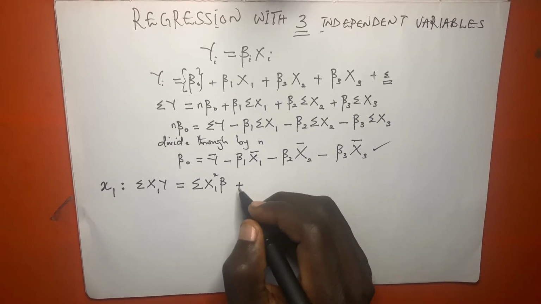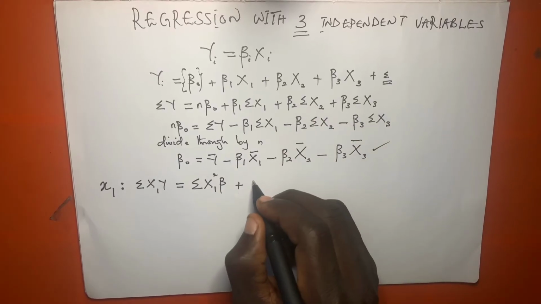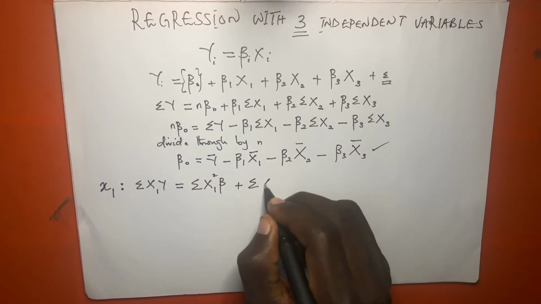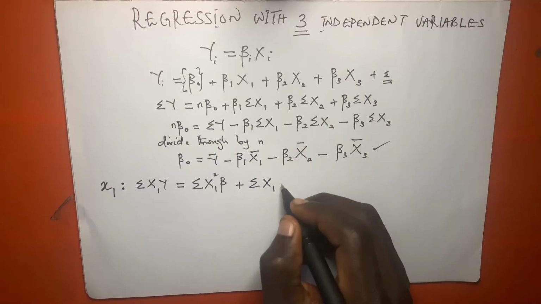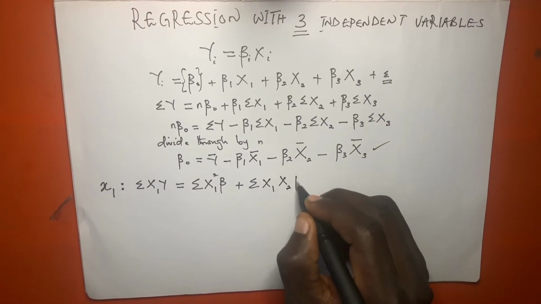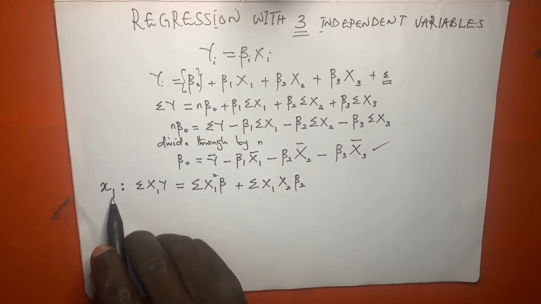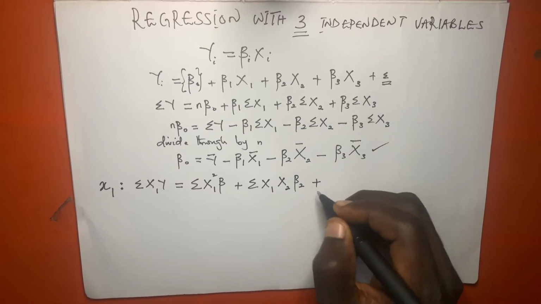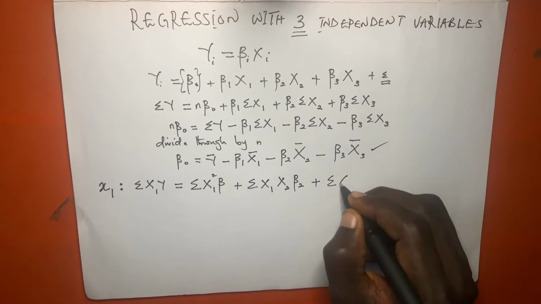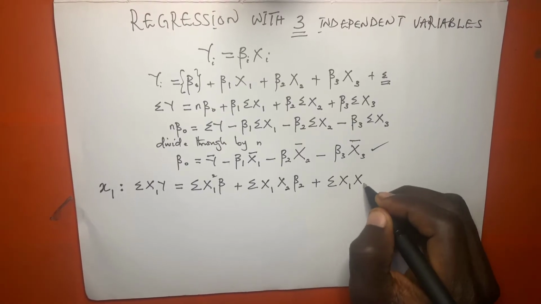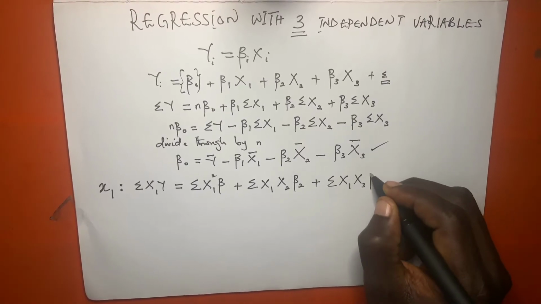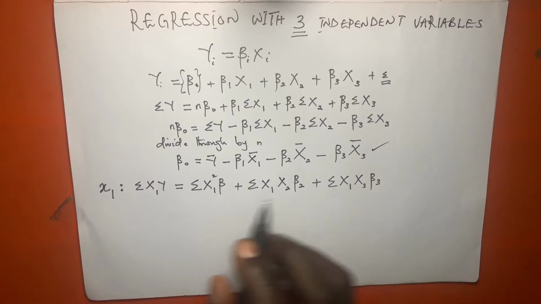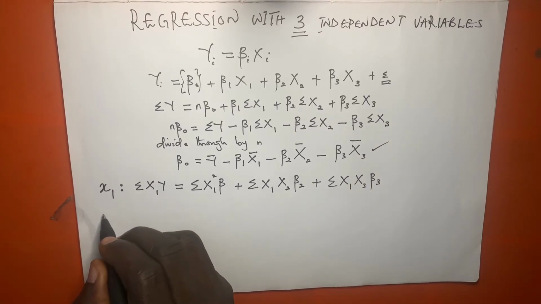Then we have plus summation x1 x2 beta 2. We are using x1 to multiply all of these. Then plus summation x1 x3 beta 3.